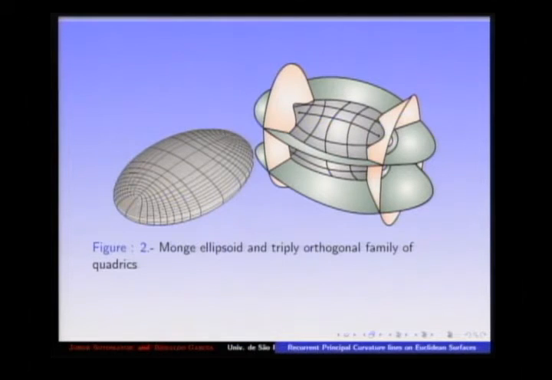Another interesting indication that I was happy to notice is that in this ellipsoid, in these findings of Euler and Monge, you find elements of the qualitative theory of differential equations discovered and analyzed deeply by Poincaré. This is an example. So here you have the singular points.